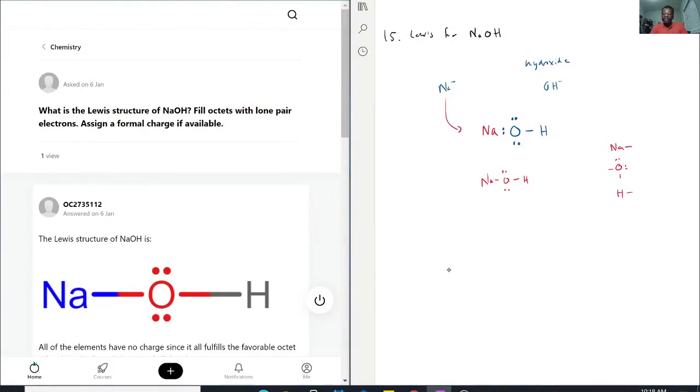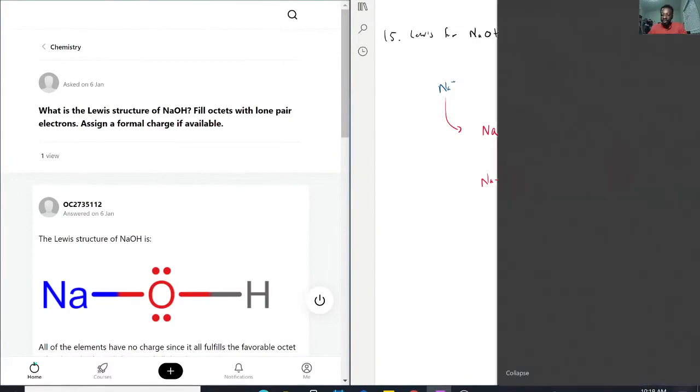Okay? Now, for the last part, let's make sure we have the correct amount of electrons. So hydroxide, as I said, we're working with 8 electrons. Now, funny enough, when you look at NaOH, it'd be the same thing.